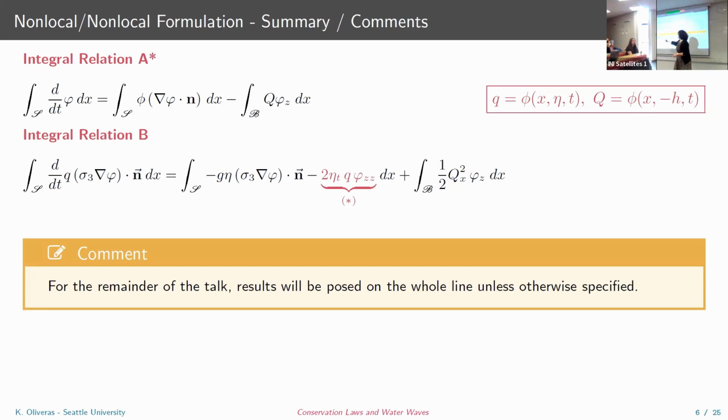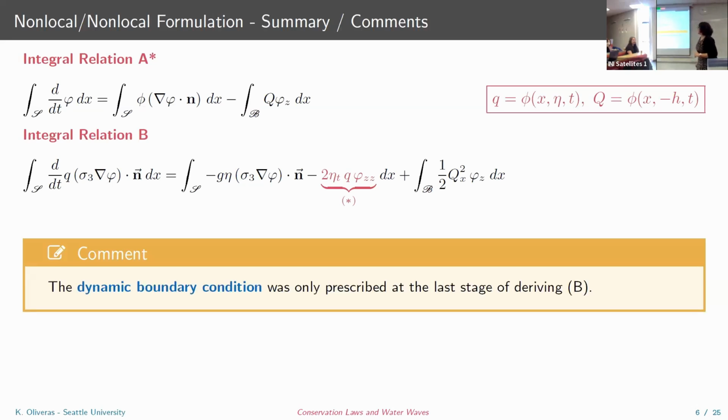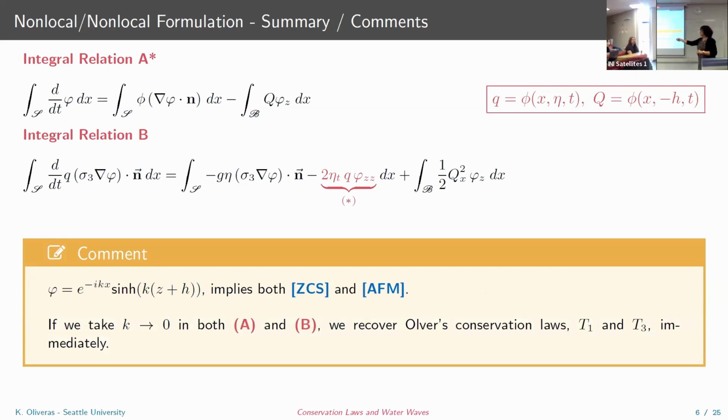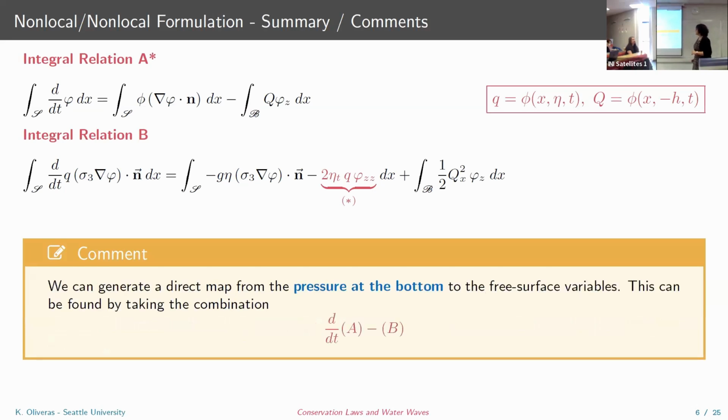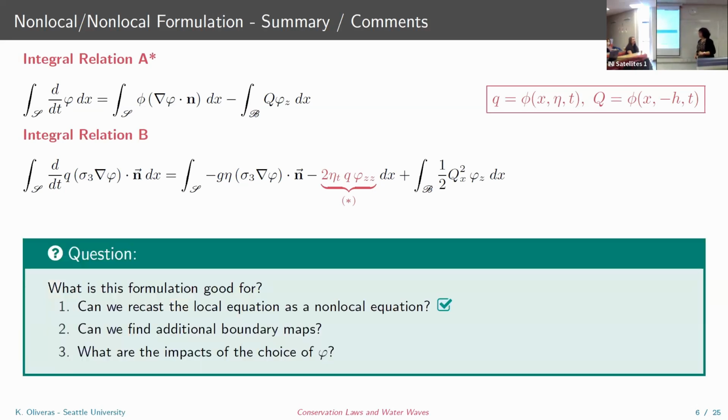Now, why did I rewrite this way? If you're familiar with the Hamiltonian nature of the water wave problem, this looks like a Legendre type transformation, and that does come up in maybe not this talk, but it is helpful to know. Okay. So again, I mentioned this earlier. I'm going to skip that for now.